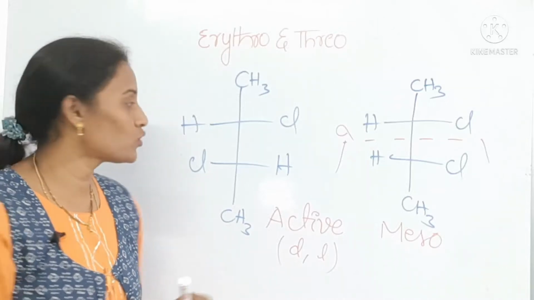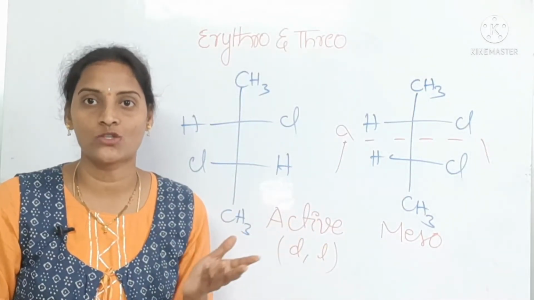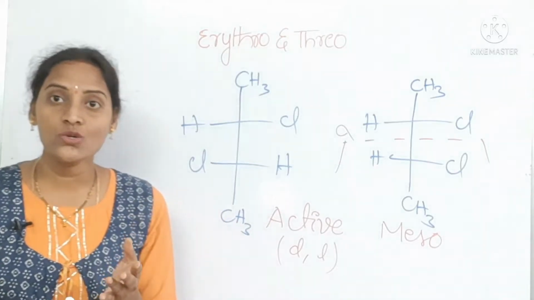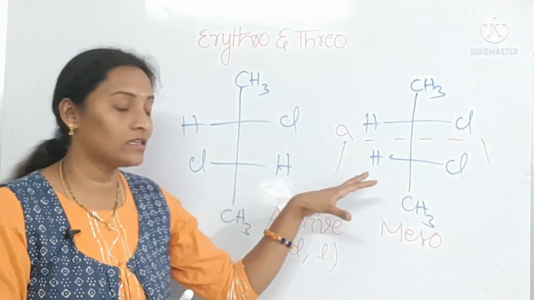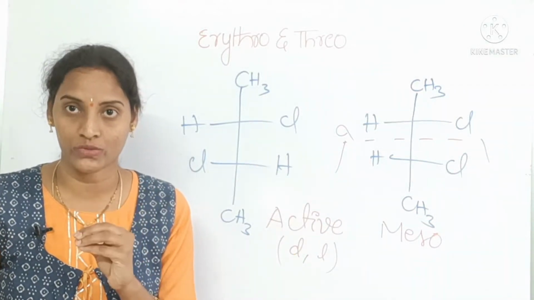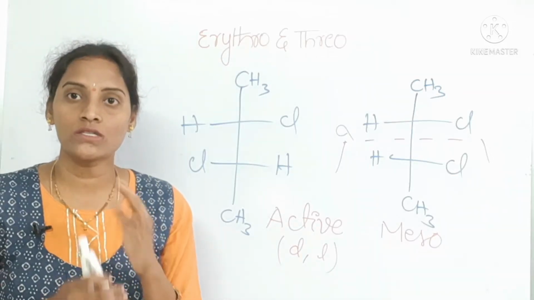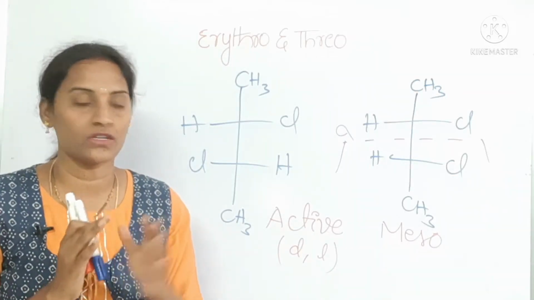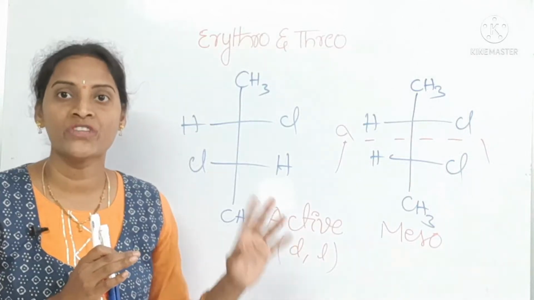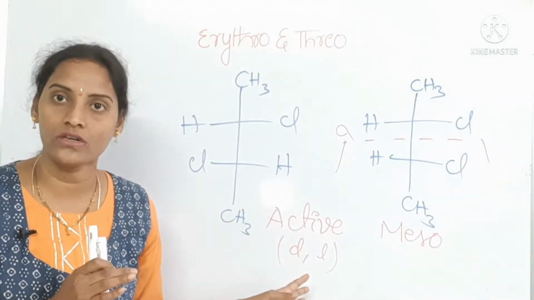Why is it not possible? See here, these two are constitutionally symmetrical isomers. Why? Because the stereo centers present in this type of isomers have similar functional groups. For the first stereo center and for the second stereo center, the similar functional groups are repeated. Okay, so we can't assign erythro and threo for this type of compounds.